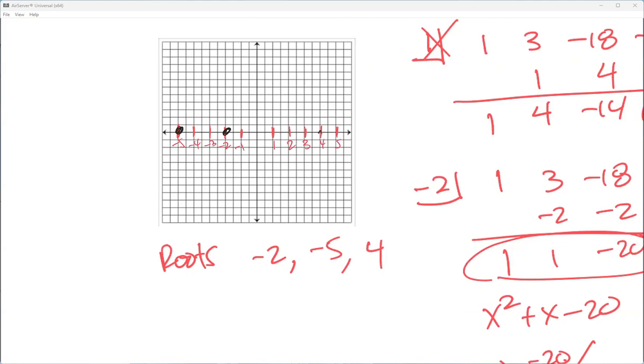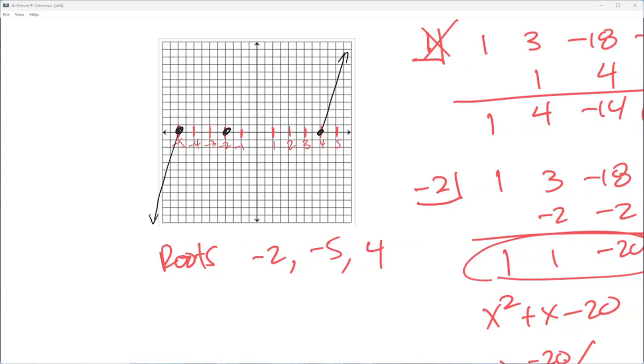And 4 is a root. And notice that this is an odd function. So you're going to go up on the right and down on the left because it's positive as well. And then what you're going to do is we're going to plug in numbers.